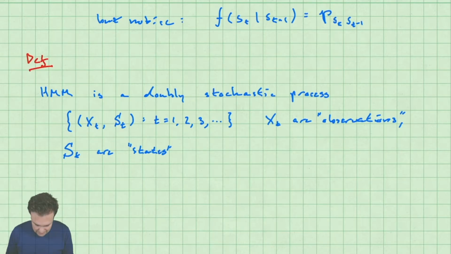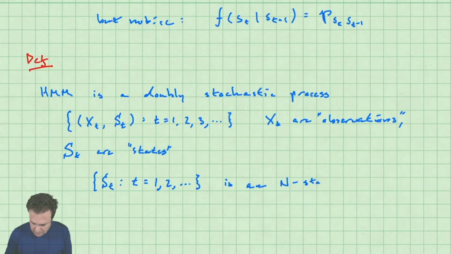And this thing, s sub t, is an n-state Markov chain. The important thing here is Markov chain, not the n.